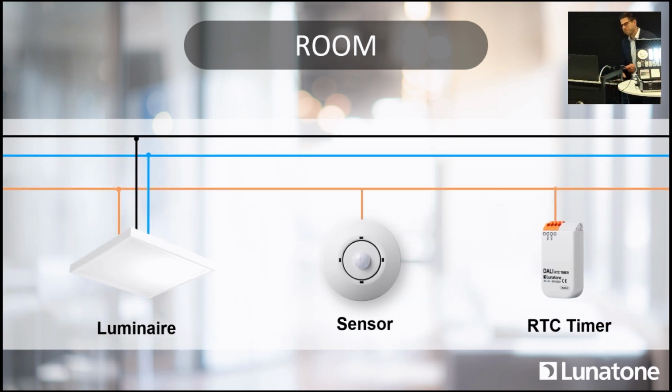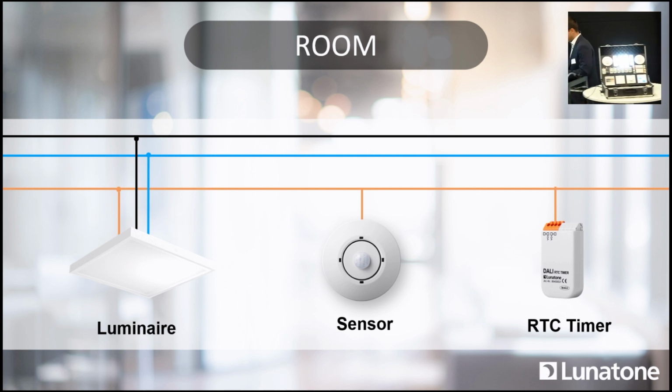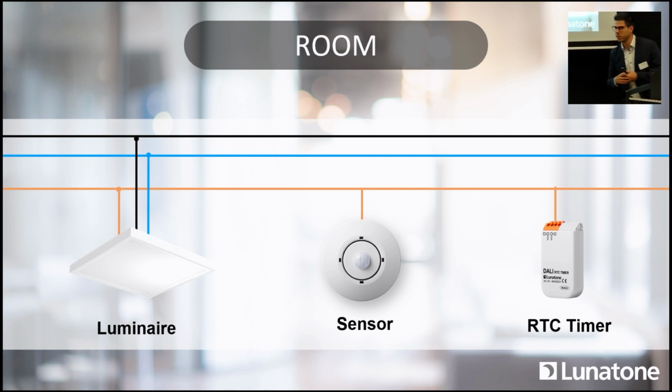So after a while, he is bored by touching a switch, and the sensor is nice, but he wants to shut off all the lights at a certain time. Then, no problem. Lunatone has also something for that purpose. It's called RTC timer. RTC stands for real-time clock.